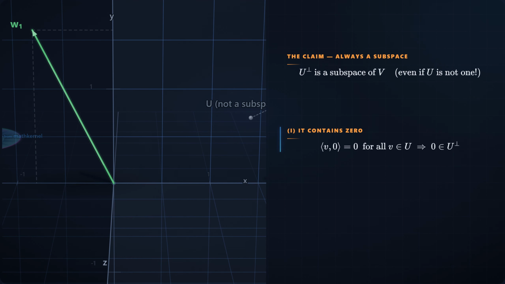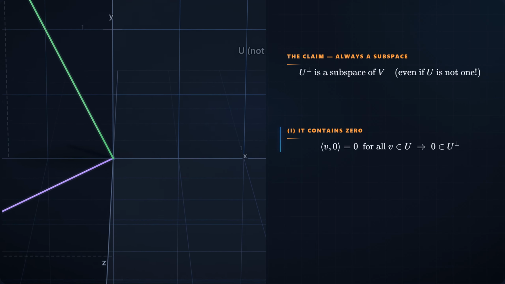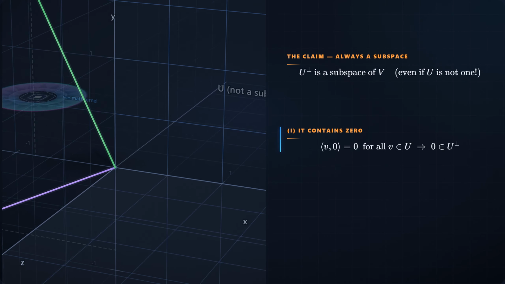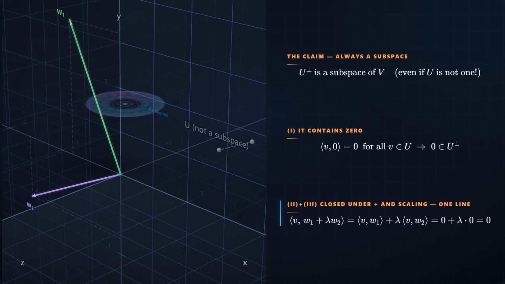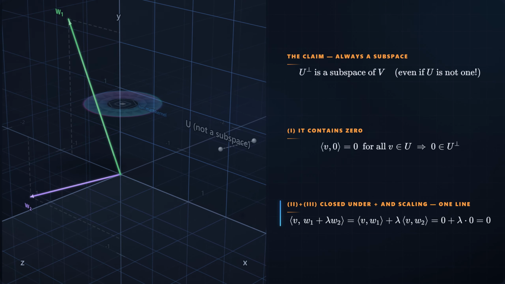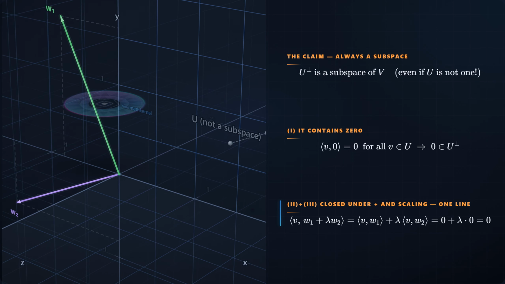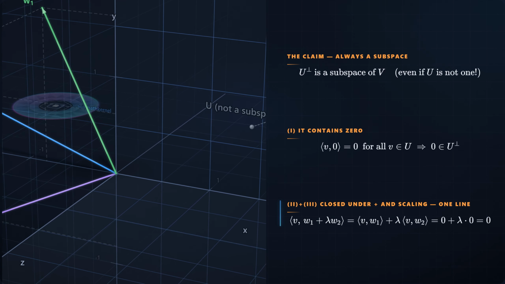Because the definition only ever asks about the second slot of the scalar product. First, 0 is perpendicular to everything, so 0 is in. Then take 2 vectors W1 and W2 in U perp, the green and violet arrows, and any scalar. Bilinearity in that second slot splits the product of V with their combination into 2 pieces, and both pieces are already 0.